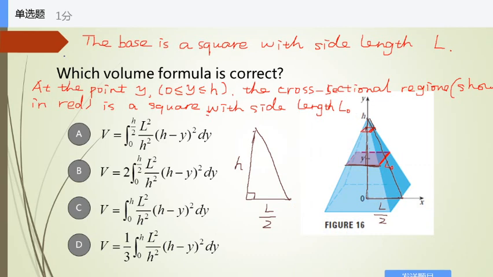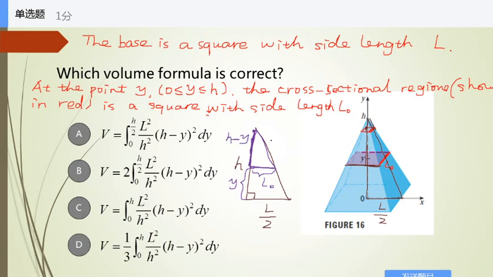Now we can form a smaller triangle. This is the L0 I need to work out. And we know this part is at some position y. So what is the longer length of this purple triangle? This part will be h minus y.